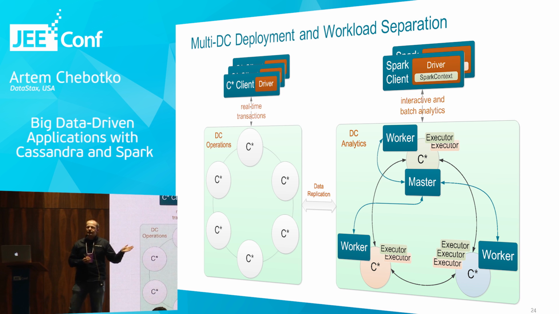And the other data center would be Spark plus Cassandra. It's the analytics data center. So if you're going to run complex computation that takes a lot of resources in the analytics data center, you will never affect performance in the operational data center, and vice versa. Okay, so this is how you're going to do it.